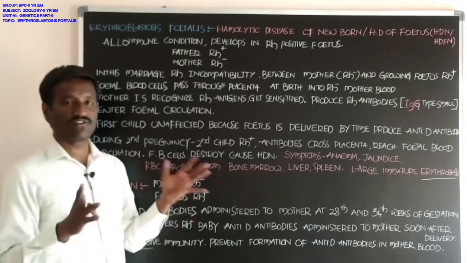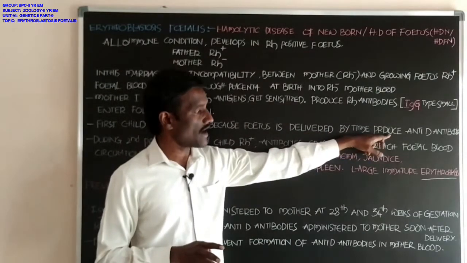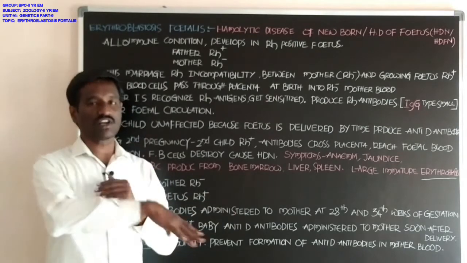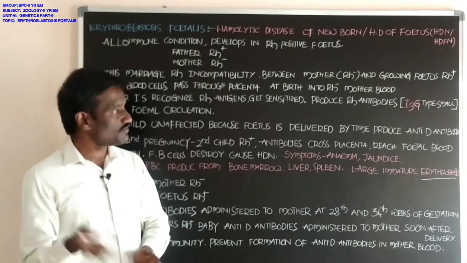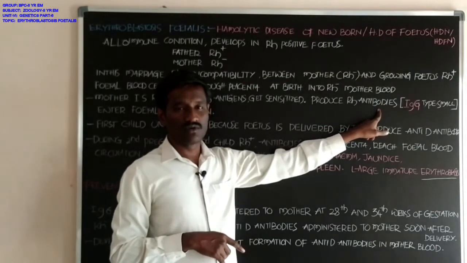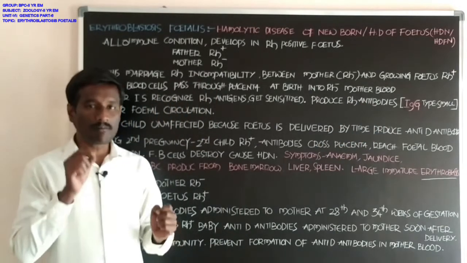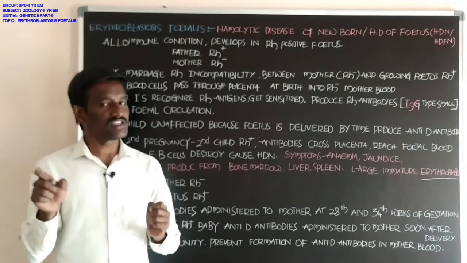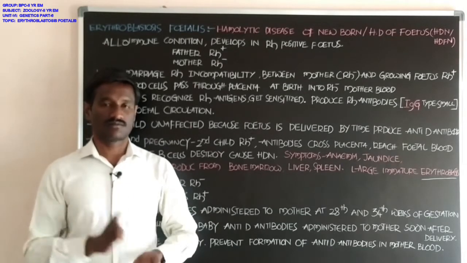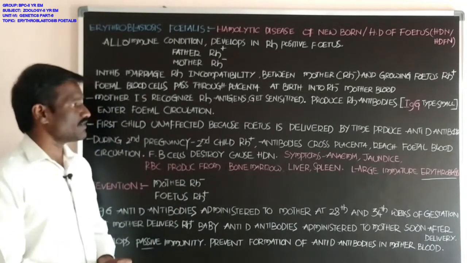The first child is unaffected because the fetus is delivered by the time anti-D antibodies are being produced. Before the production of the Rh antibodies, the fetus completes its gestation period, the nine months of pregnancy, and is delivered.